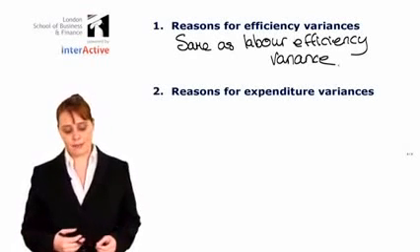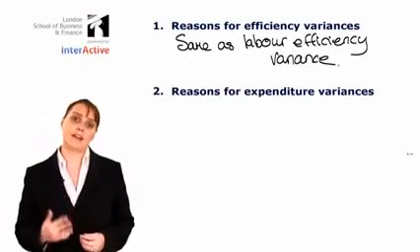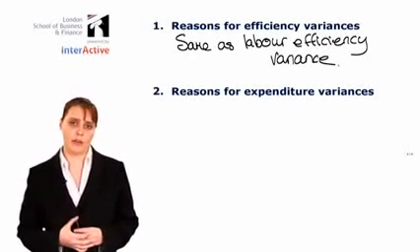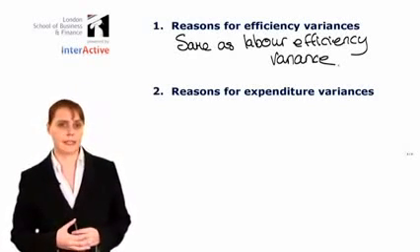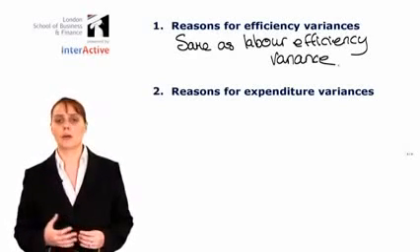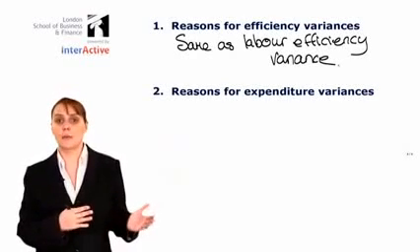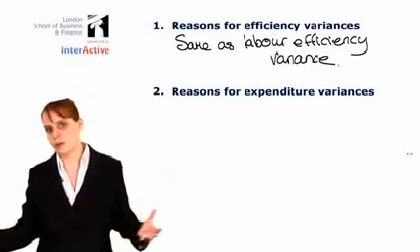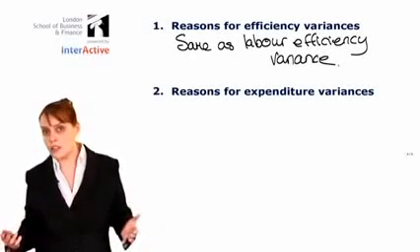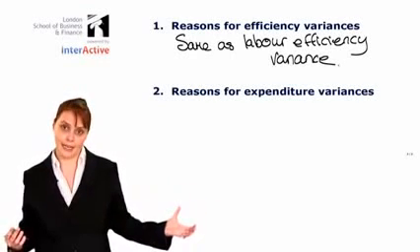Finally then, reasons for our expenditure variance. Well, it's very difficult for us to say. Why has our actual variable overhead cost been higher or lower than expected? Our variable overhead cost is going to be made up of a number of different components. So it is the sum of each of our individual variable overheads. So to understand what has caused the expenditure variance, we would need to look at the underlying detail.